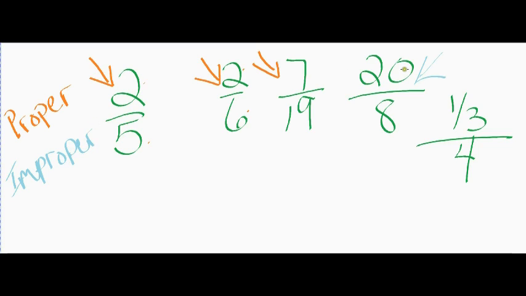And an improper fraction you can always turn into a mixed number, which in this case would be 2, I believe, 4/8. We'll talk about reducing fractions on another day. And then we have here a nice compound fraction.